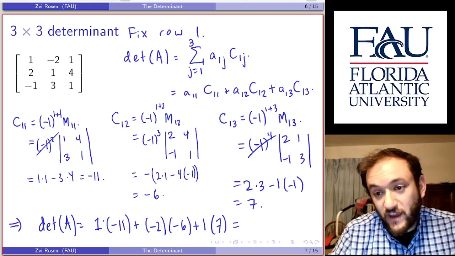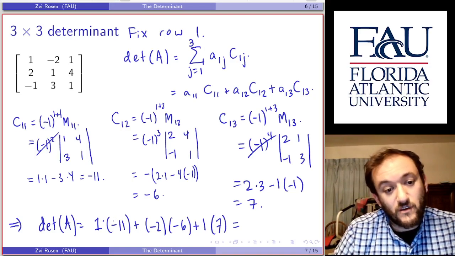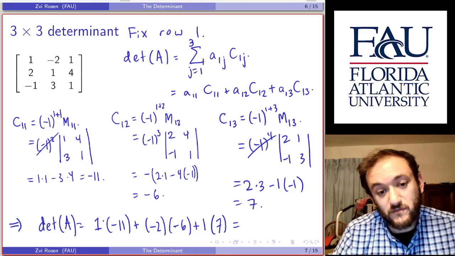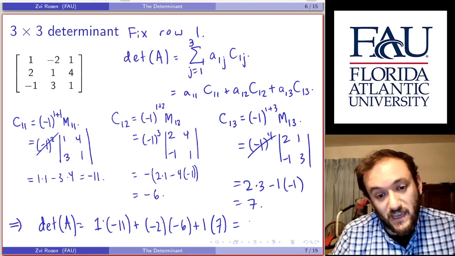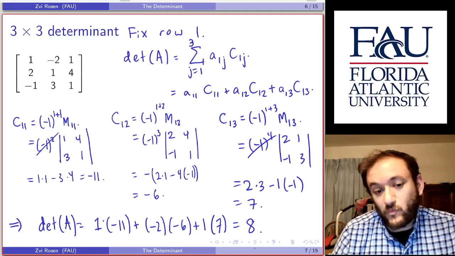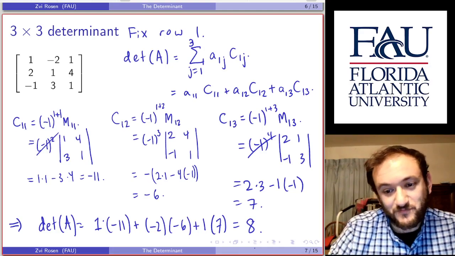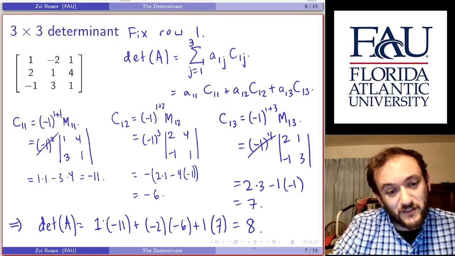And for our final answer for the determinant, we obtain minus 11 plus 12, because the minuses cancel, plus 7, and that gives us 8. Okay? So that was a determinant computation for a 3x3 matrix.